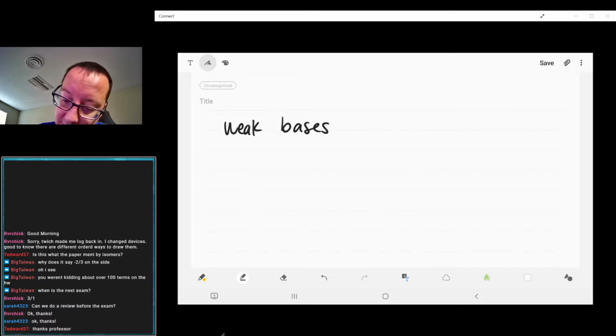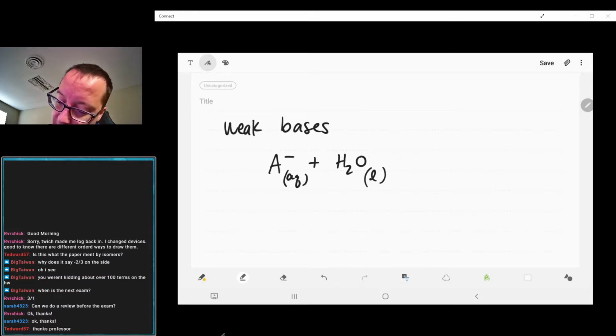The base dissociation formula will look something like this. I'm just going to use the conjugate base A minus in this particular example, but it could be a neutral species, it doesn't really matter. It will combine with water, so we'll have some aqueous component combining with water to make HA plus OH minus.